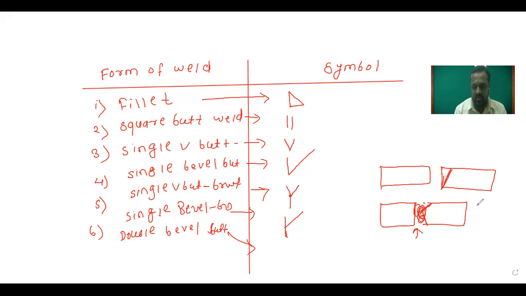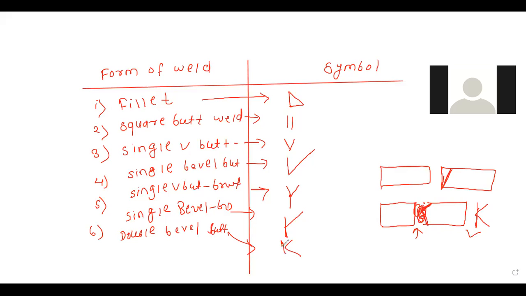This is the straight edge, so I will write here the straight line, and this edge is looking like this. So this is the symbol for the double bevel. The symbol for the double bevel is just K. Remember, the symbol is the K.